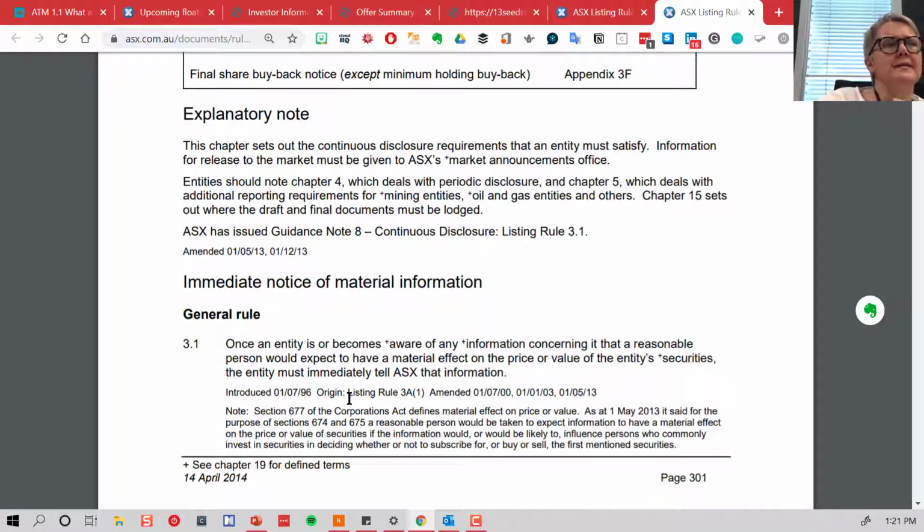Once an entity, and entity here means a body corporate. Why do you think they don't use body corporate or company? Because not all corporations are companies, and not all bodies that are listed on the stock exchange or that have to comply with this rule are companies. They might be, for example, trusts, so a listed trust. So an entity.